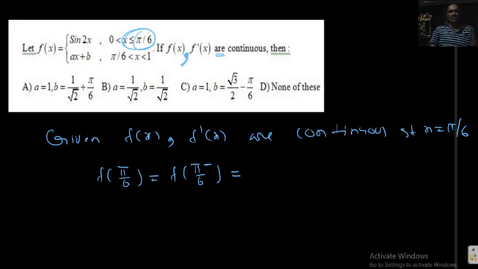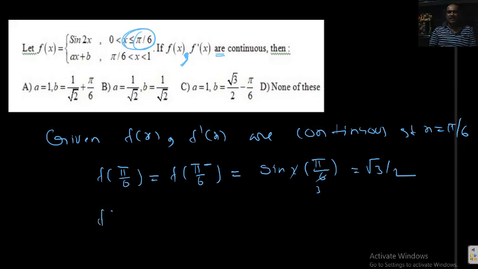What I explained: while finding LHL at x equal to 2, so 2 minus, for any function given by a rule for 2 minus, instead of x write 2 in that rule, what we get is taken as f of 2 minus. So what I want is f of pi by 6 minus, this is the rule. In that x, just substitute pi by 6. What we will get is f of pi by 6 minus, directly sine 2 into pi by 6, 2 ones are 2, 3s are, this is root 3 by 2.